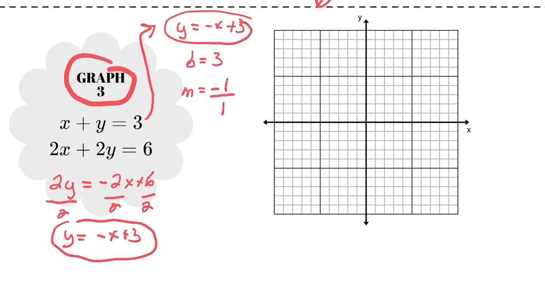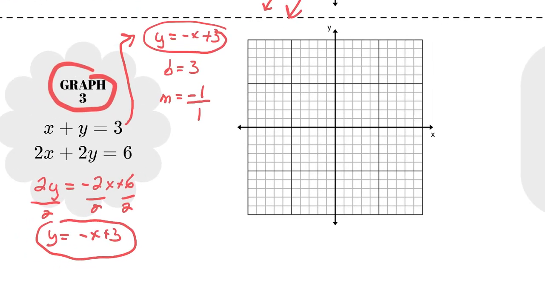So I'm going to graph that line twice. My y-intercept is 3, slope is negative 1, run to the right 1, and you can see that it's just going to go through each of the grid marks all the way down. So I'm going to draw my nice line all the way through, and there we are.